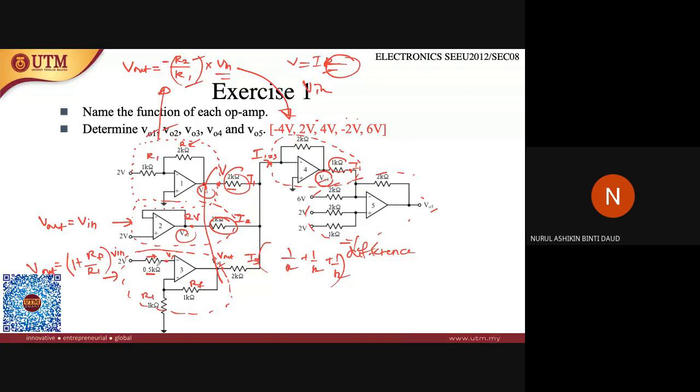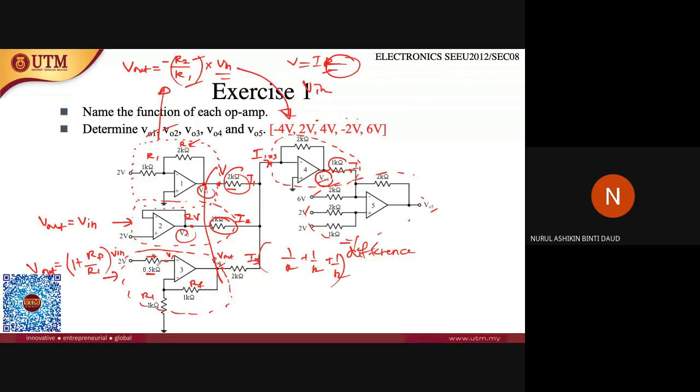Where is my RF value, R1 value. No, it doesn't drop any voltage.